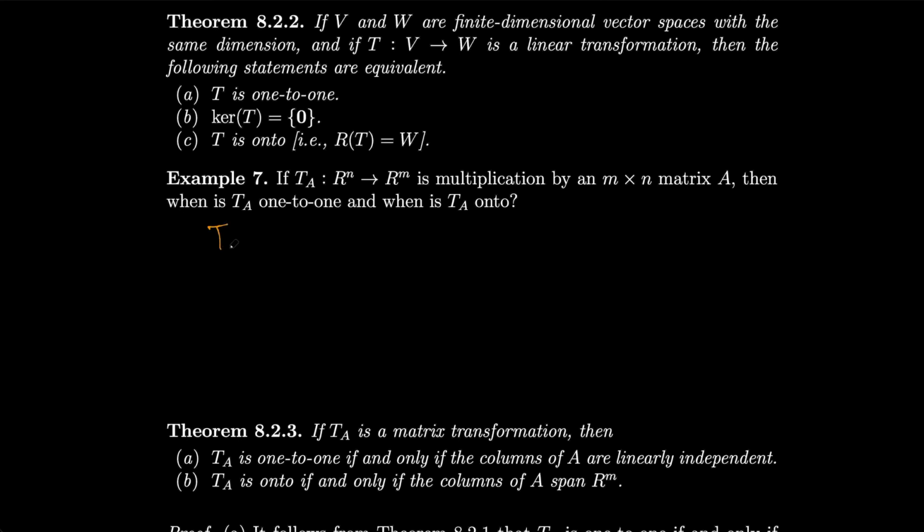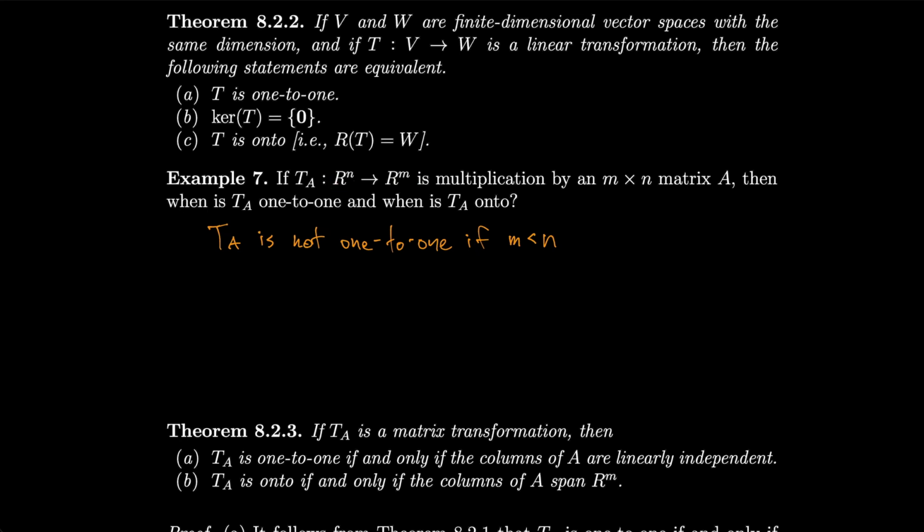Well, automatically, we know that TA is not 1 to 1 if the dimensions don't match, in the case where m is less than n, right? Because if m is smaller than n, then we're losing some information from over here.